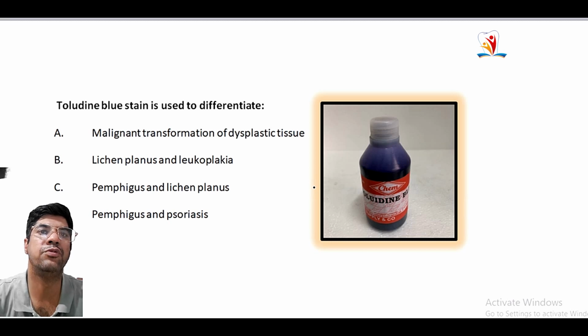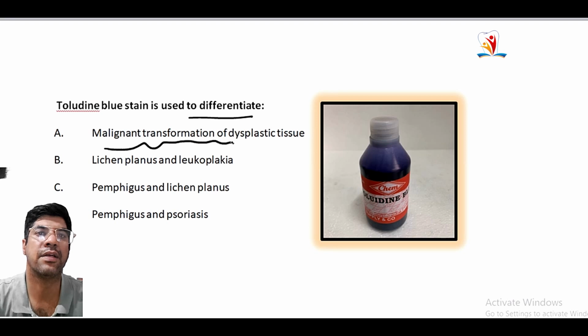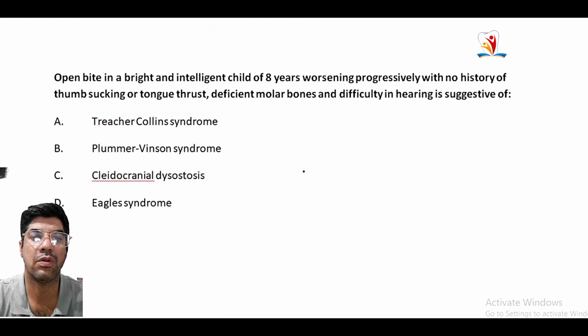Toluidine blue is used to differentiate. The answer would be malignant transformation of dysplastic tissue. Toluidine blue can be used to differentiate malignant transformation of dysplastic tissue.